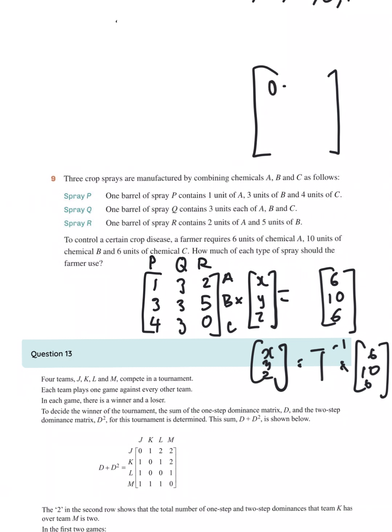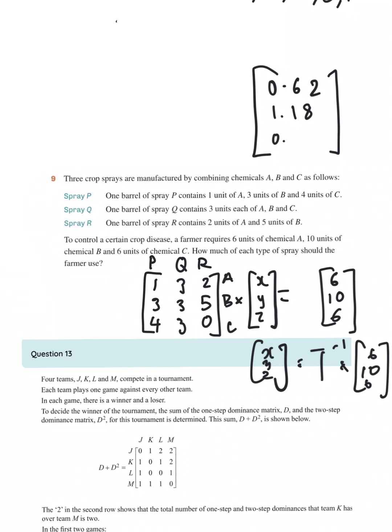So I've got they should use 0.62 of A, 1.18 rounded for B. That's both A and B rounded.